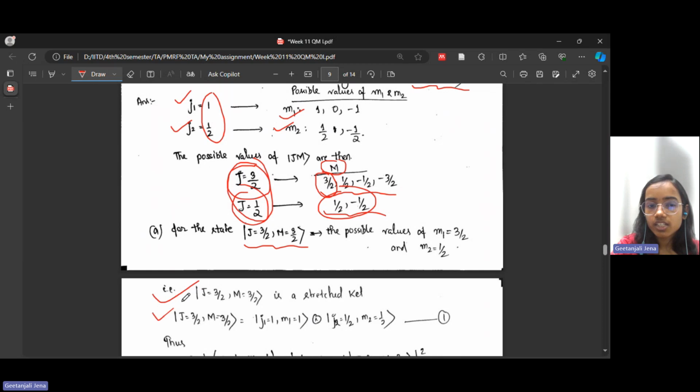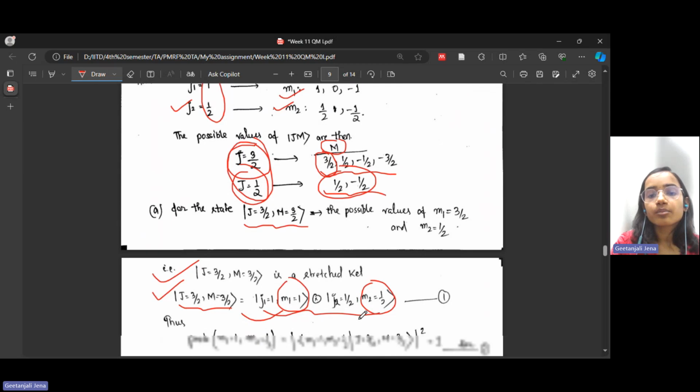So this stretched state, you can write in terms of the uncoupled basis state, where M1 equal to 1 and M2 equal to 1/2. This is the coupled state with J equal to 3/2 and M equal to 3/2, written in terms of the uncoupled state |J1, M1> cross |J2, M2>.